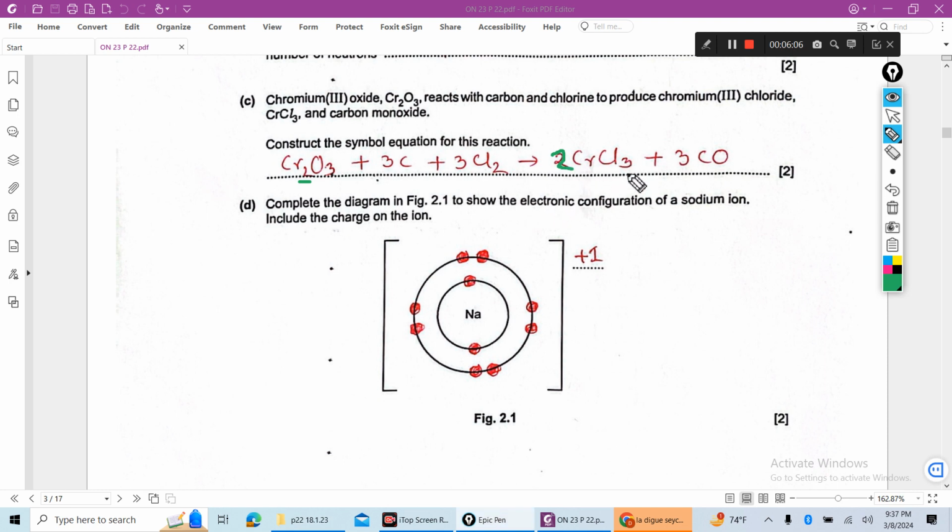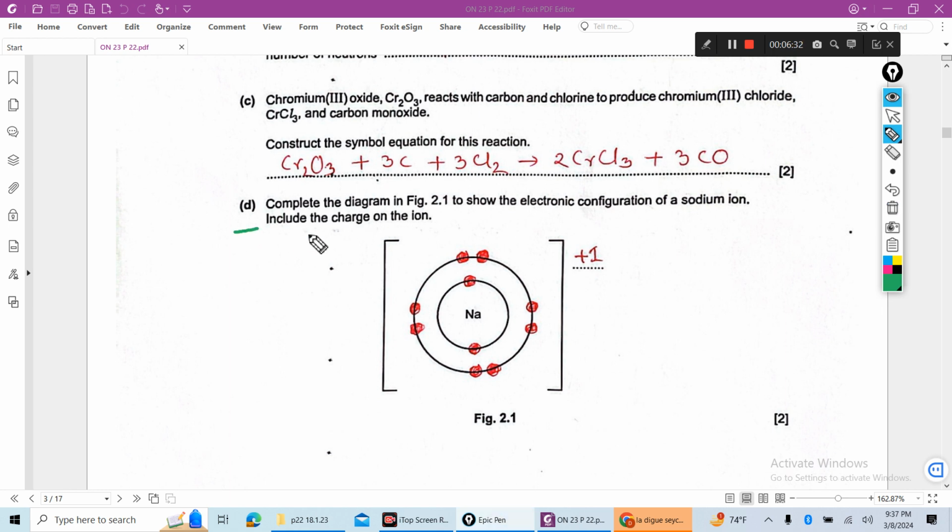Now chlorine 3 to the 6, so I write here 3 Cl2. Now oxygen here 3, so I write here 3. Carbon 3 on the 3, so carbon will be 3. Balanced equation.